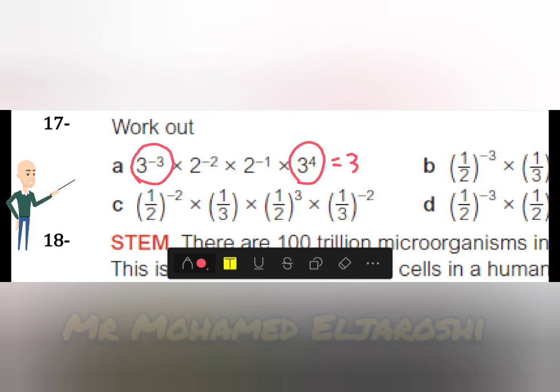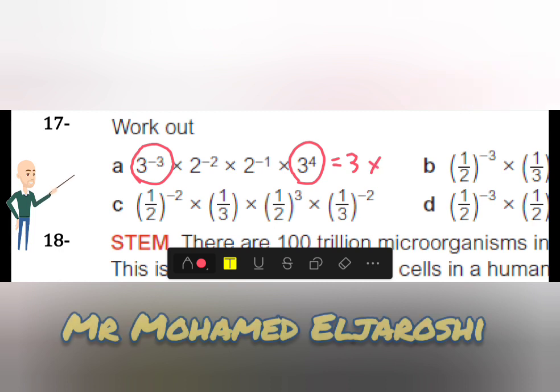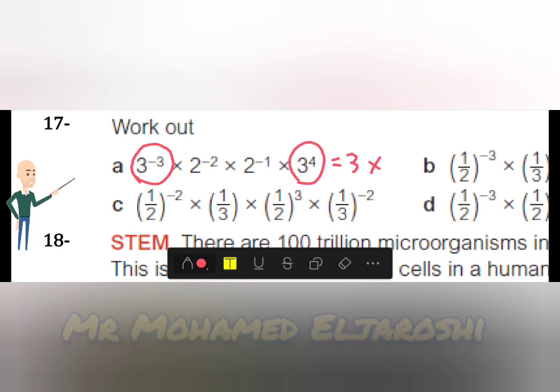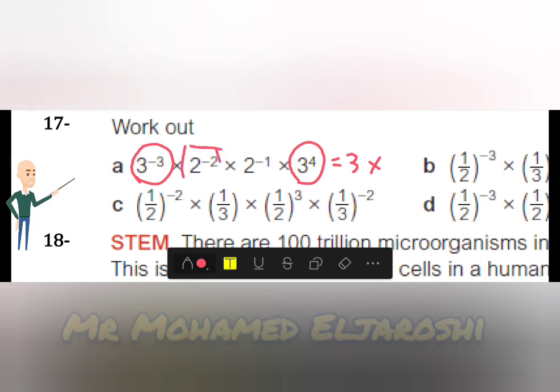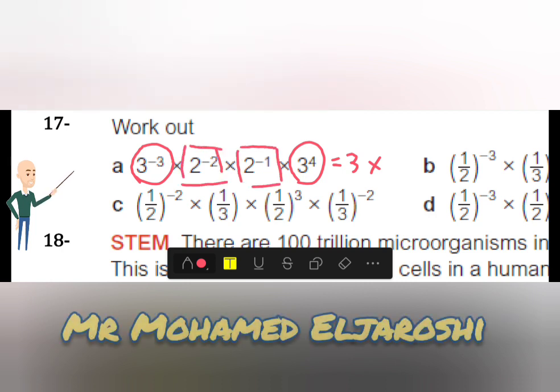And power of 1, we don't write it. And then multiplied by what? Yes, 2 power of negative 2 here, and 2 power of negative 1, they are the same. So when you add the powers, they're going to be 2 power of negative 3. Now you can write it like this, or if you want to work it out in the calculator, you can find it.